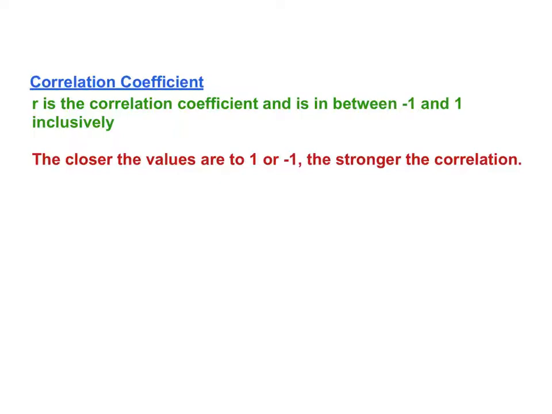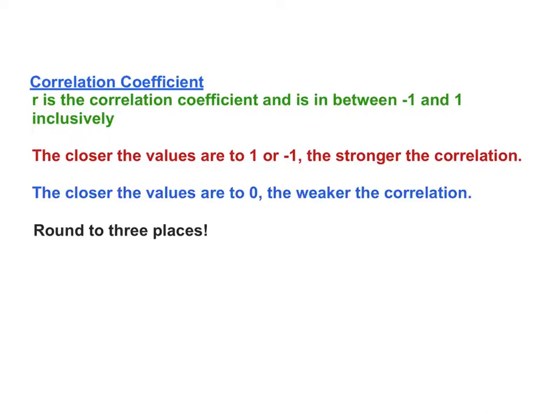If it was -1, then it would have the strongest possible negative relationship. Okay? And I'm going to show you where to find that R value in your calculator in a little bit. Now, the opposite is true. The closer the values are to 0, the weaker the correlation is. There's still a correlation, there's still a relationship, it just is weaker.